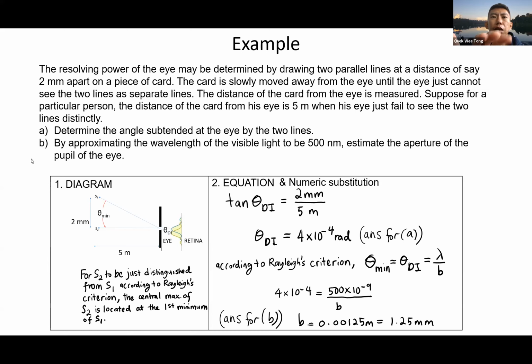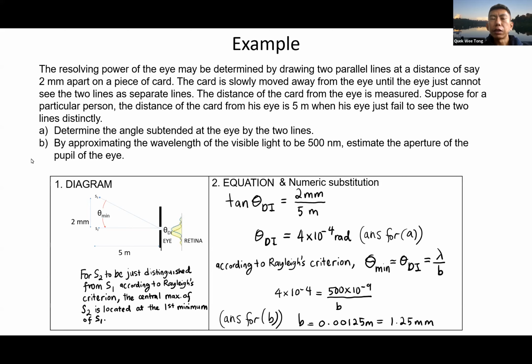So you see, this kind of problem always has two sides to the equation. One side will be the physical setup. How far are the two objects from each other? How far are those two objects from the viewer? So this will form a ratio, the opposite over the adjacent side.